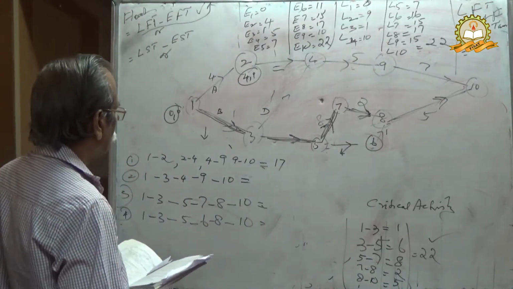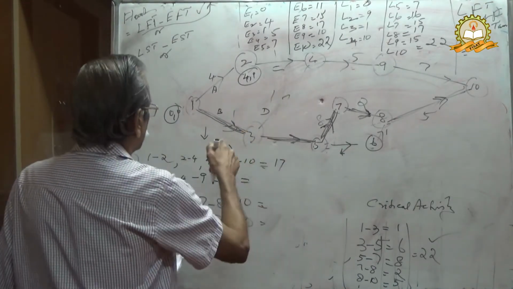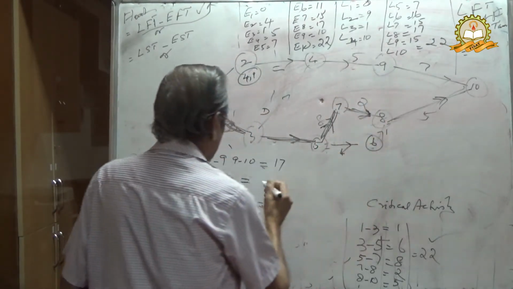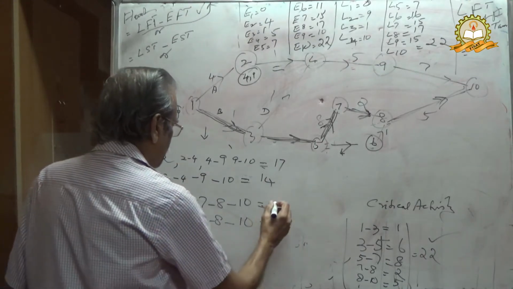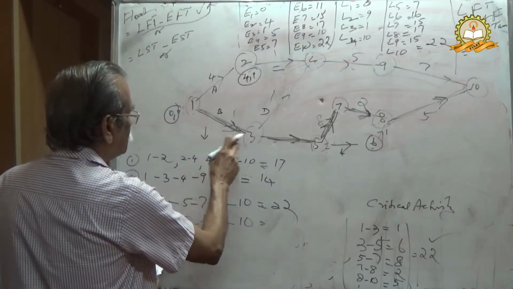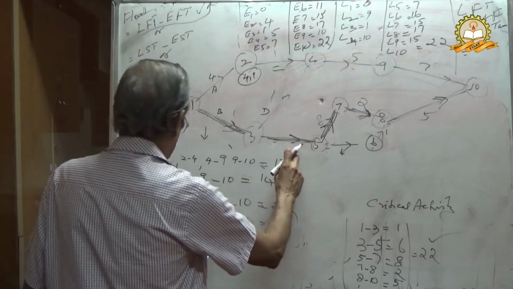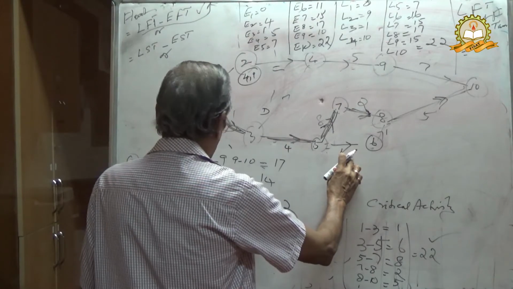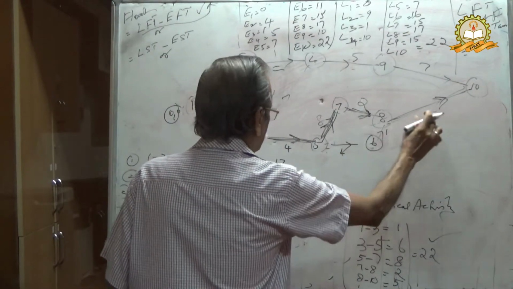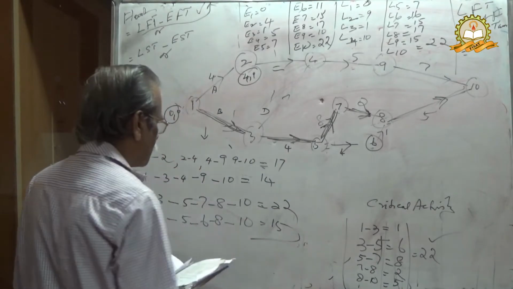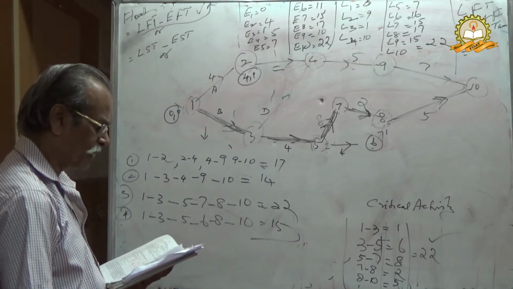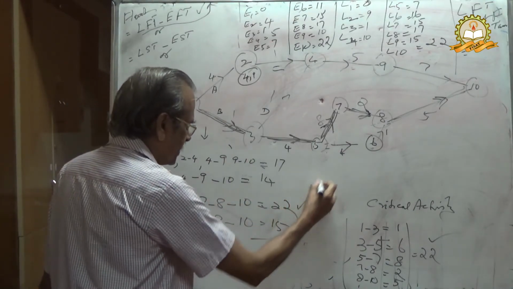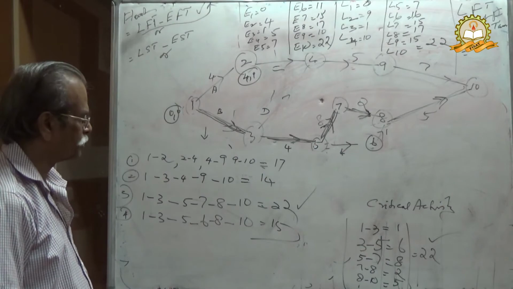Then 1, 3, 4, 9, 10 gives 15. For the third option here it is 22. And the last one, 5 plus 4, 9, 10, 15. So from this you can observe this is the highest period required, 22.